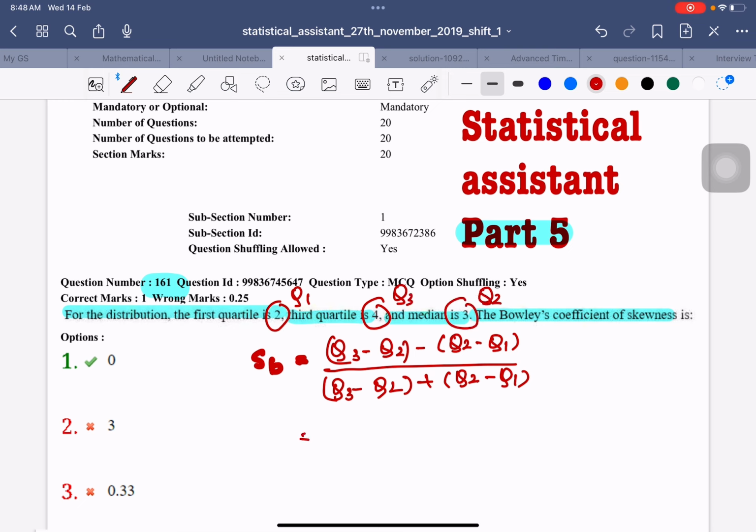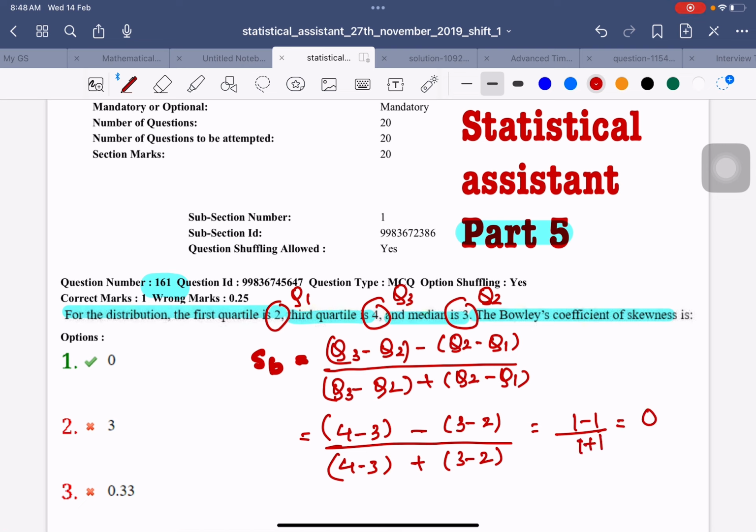So ये सारी वैल्यू substitute कर देते हैं. Then this will be 4 minus 3 minus 3 minus 2, over 4 minus 3 plus 3 minus 2. 1 minus 1, 1 plus 1, so 0 by 2, so it is equal to 0. So the correct option is option number 1.